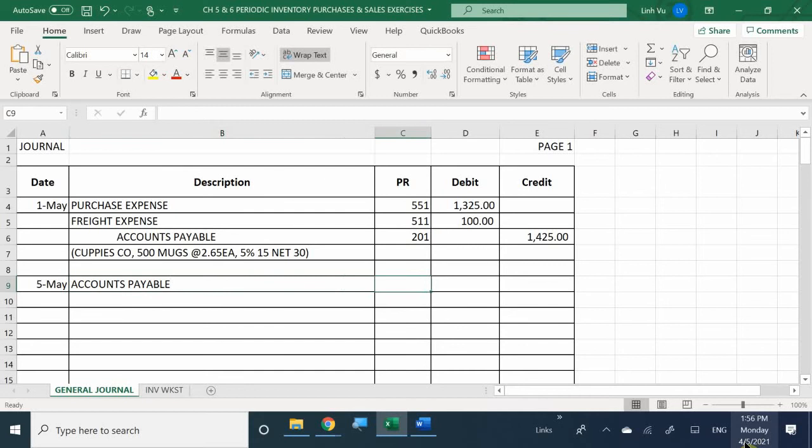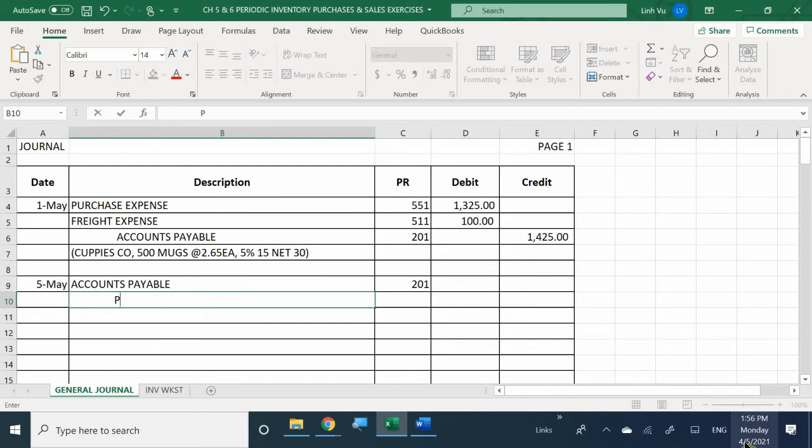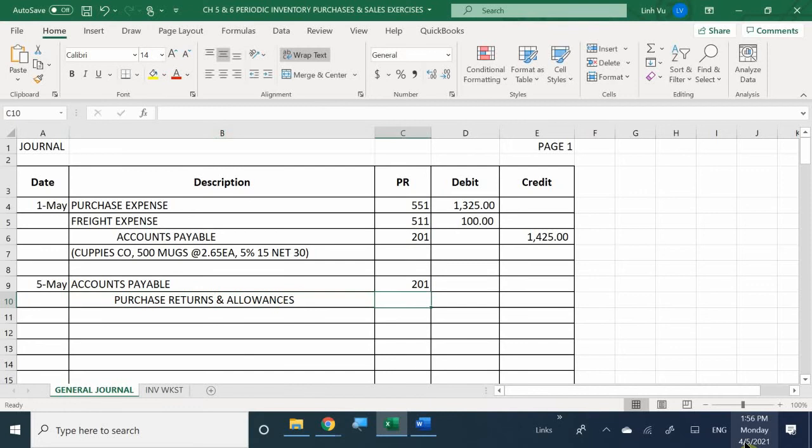This was account number 201, right? And then we're recognizing that we're getting a full refund for our purchase returns and allowances, which is account number 556, okay?